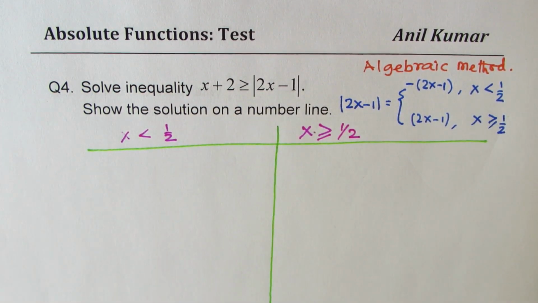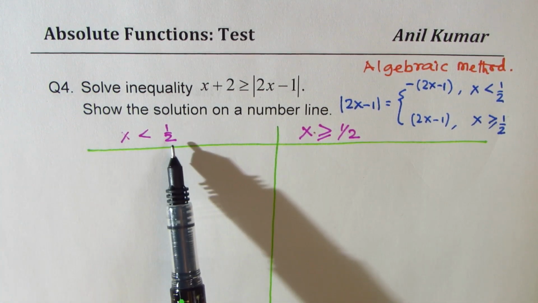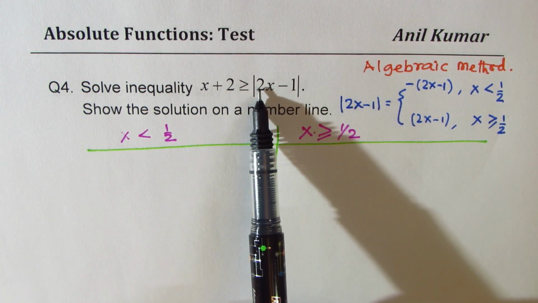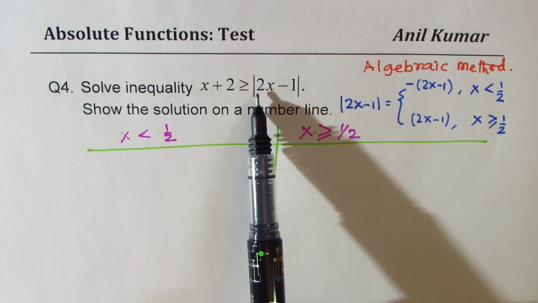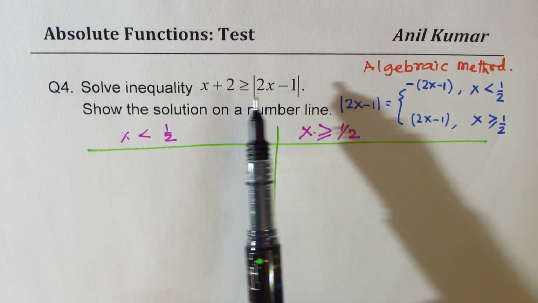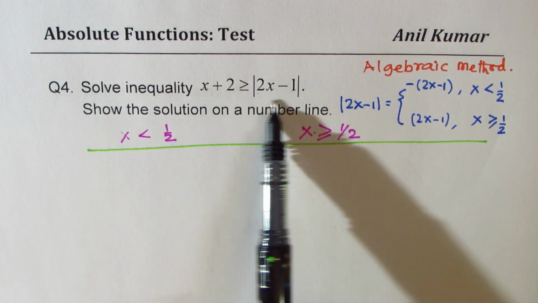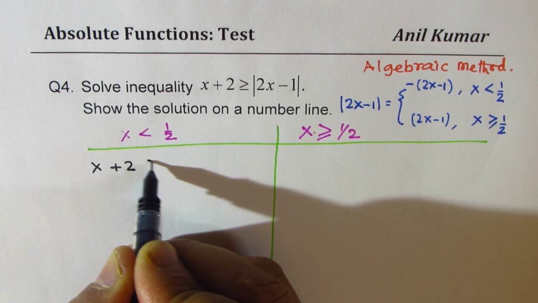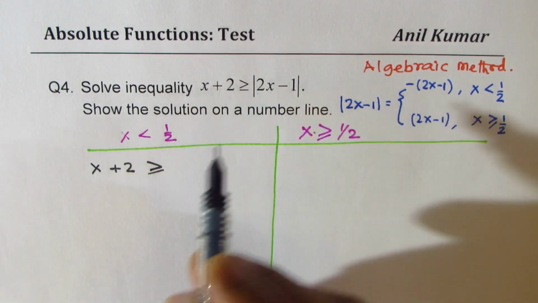So in this particular case, x less than half and x greater than or equal to half is the interval which we are talking about. Now, when x is less than half, the inside function has to be negative, so we negate it to make it positive. So the inequality changes to what? It becomes x plus 2 greater than or equal to negative of this value.